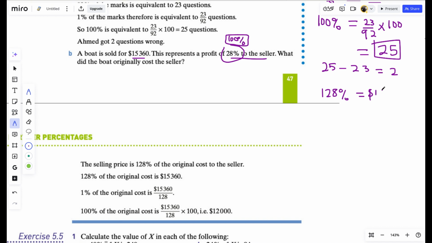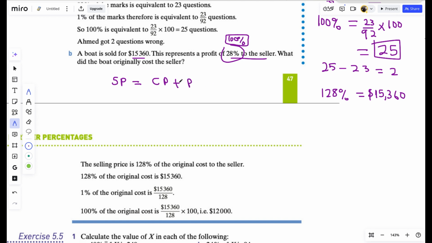So you see where the logic is? Little logic here and there. How did we know that this one has to involve adding? Because they say it represents the profit. This amount represents a profit of 28%. For profit to be made, remember, selling price is equal to cost price plus profit, or plus markup. You can use the word markup or you say plus profit.